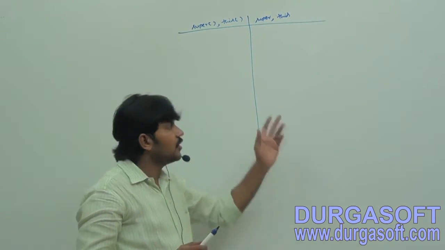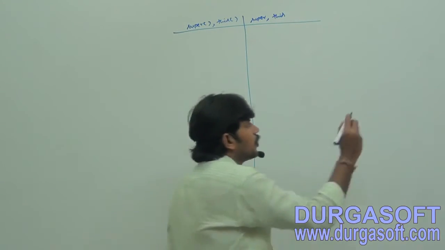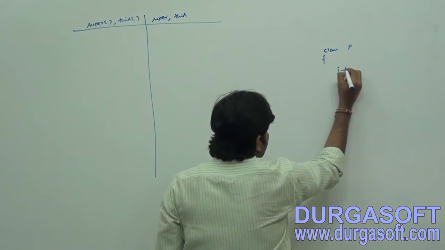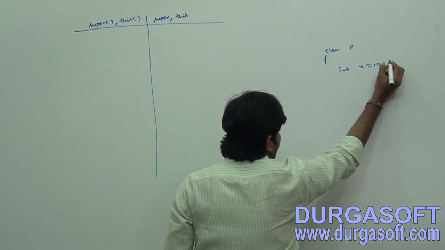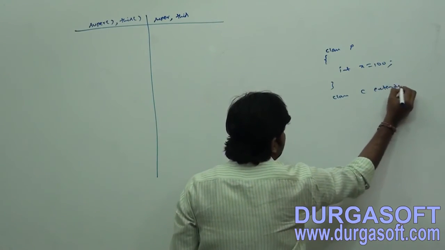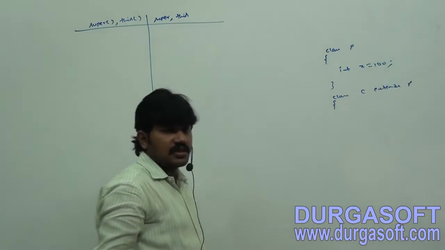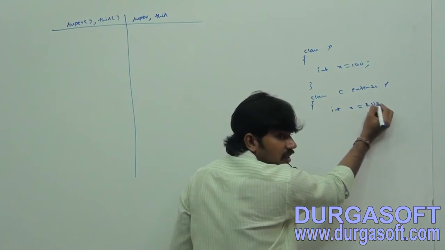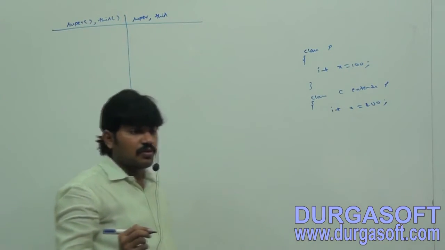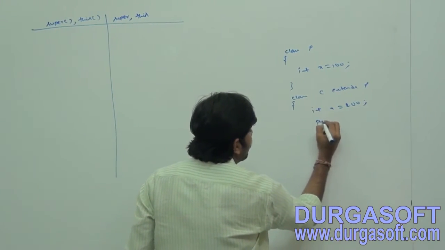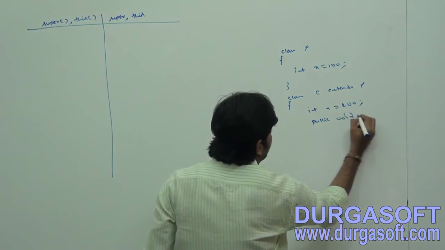Okay, here is the best example. Suppose the parent class P contains int x = 100. Class C extends P, and here int x = 200 is there. Now I have a method public void m1.